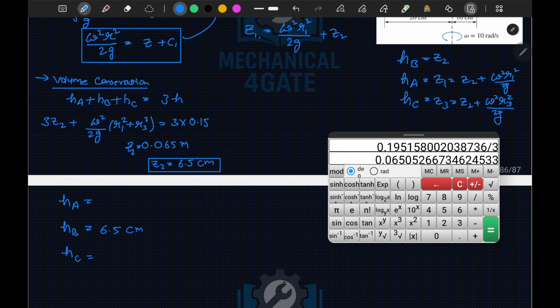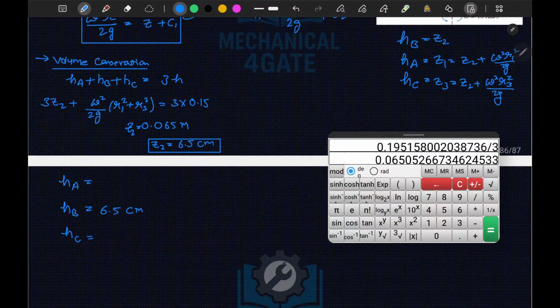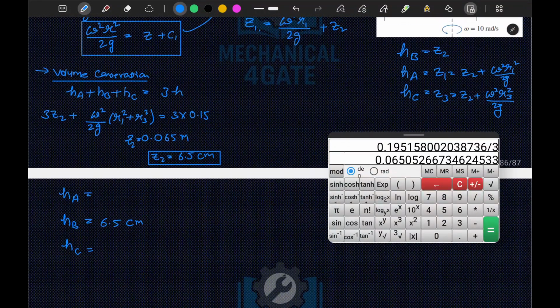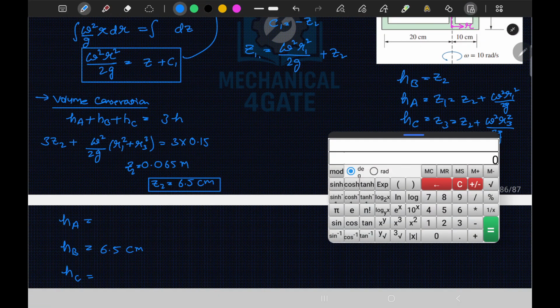So the initial height was 15 centimeter, and the final height HB is 6.5 centimeter. If I talk about HA, the additional term is omega square, that is 100 divided by 2, that is 50, divided by 9.81, into R1 square, where R1 square is 0.2 square.